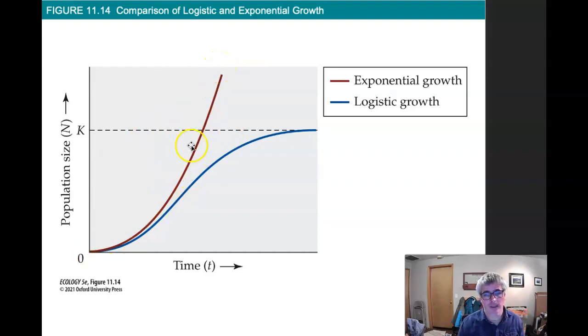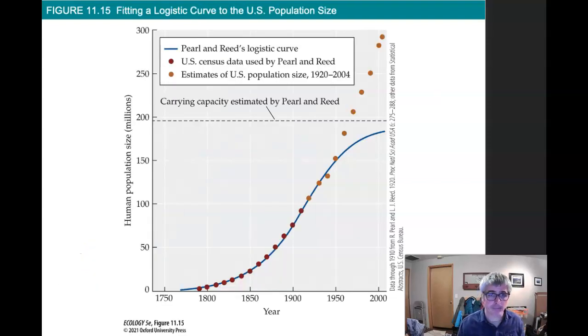It wouldn't stop at K. But that doesn't meet reality, right? So these are models. If we're predicting out what's going to happen in the future using an exponential growth function, that's true in the absence of resource limitation, but we're assuming some form of resource limitation, i.e. K.